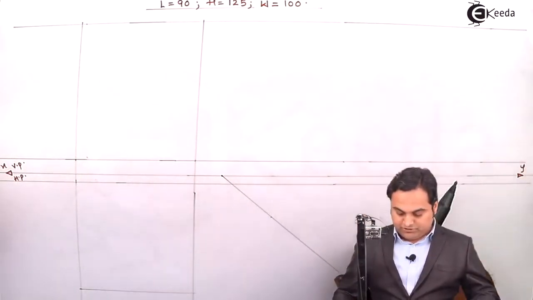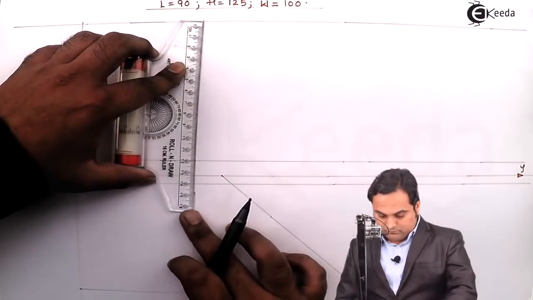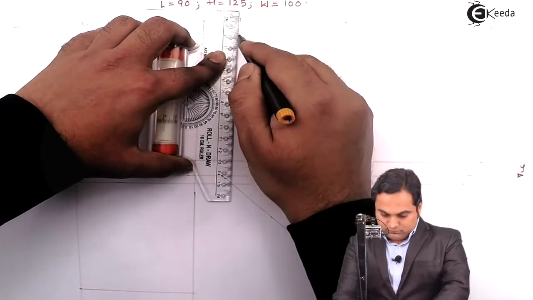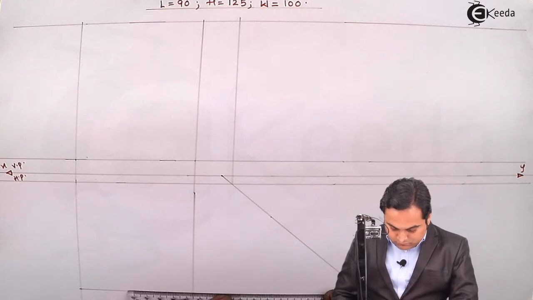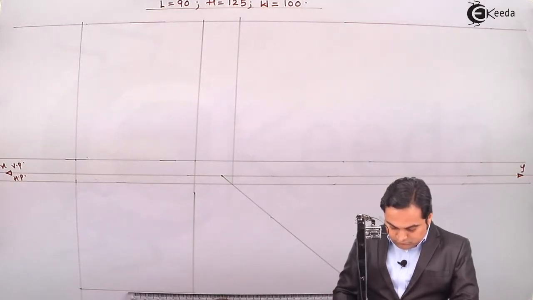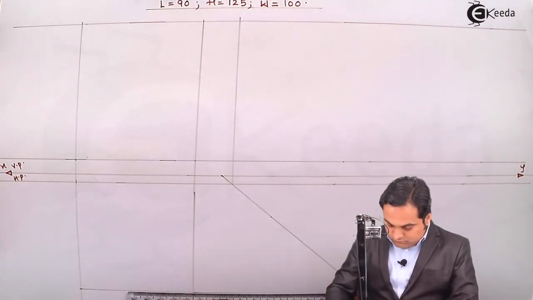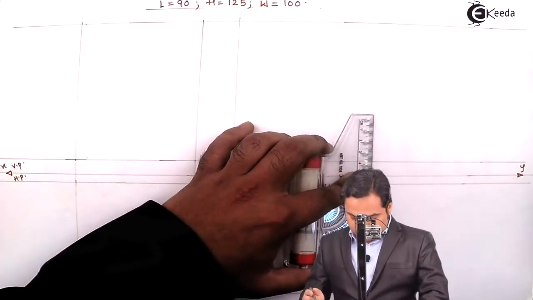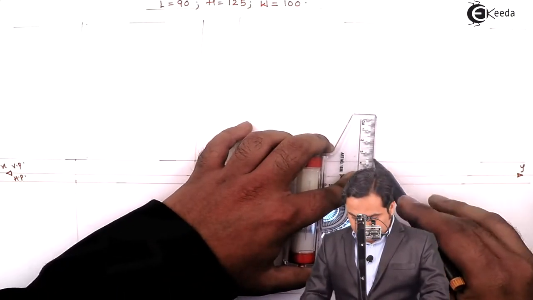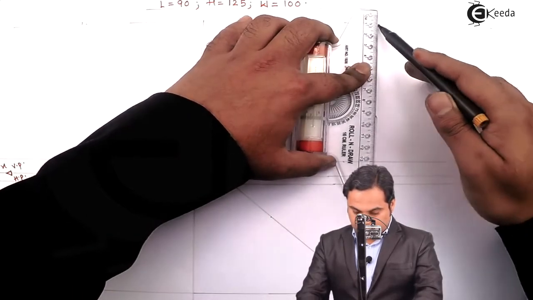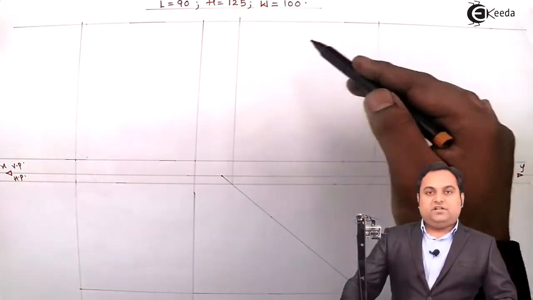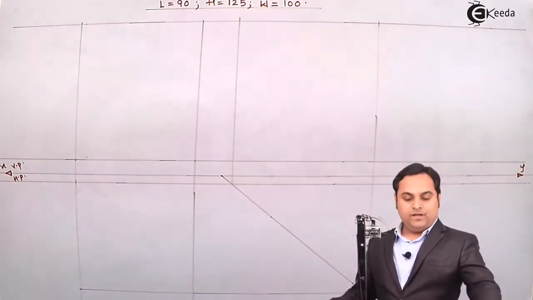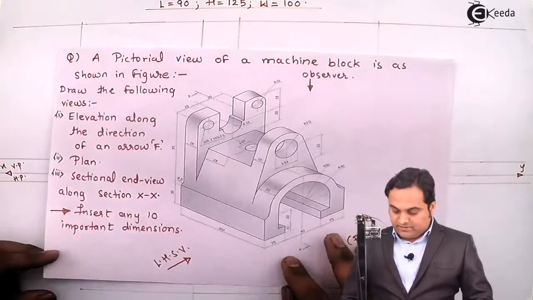Now width will be projected from the top view. So inside this rectangle, I'll draw the side view. Here will be front view, top view, and side view. So once the spacing has been understood, I can start with the problem.